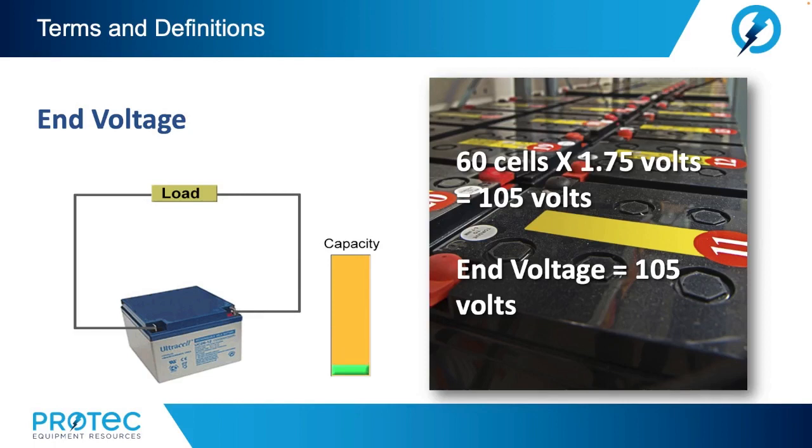The end voltage is different from one battery to another, and it's highly dependent on the type of battery and the kind of service in which the battery is used. A completely discharged lead-acid cell has a potential difference of about 1.75 volts, depending on the rate of discharge. Now, end voltage is also sometimes referred to as the final voltage, or also it is referred to as cutoff voltage.